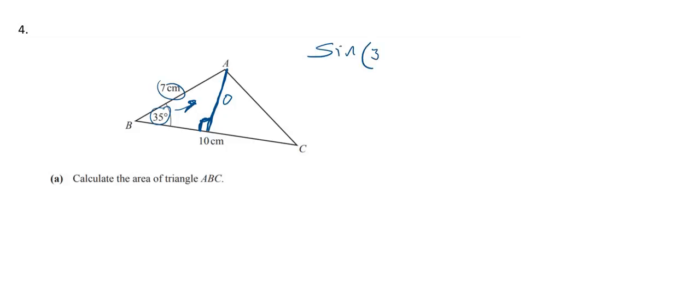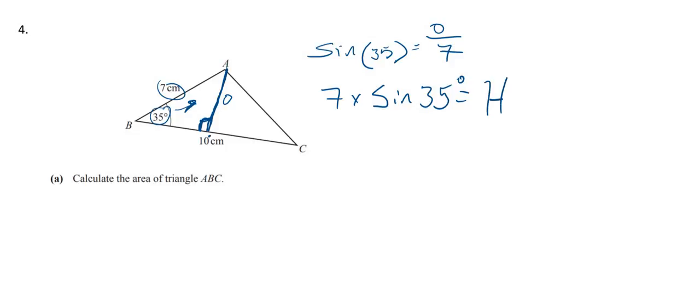So the sine of 35 degrees equals the opposite side over the hypotenuse. So 7 times the sine of 35 degrees equals the height of the triangle.